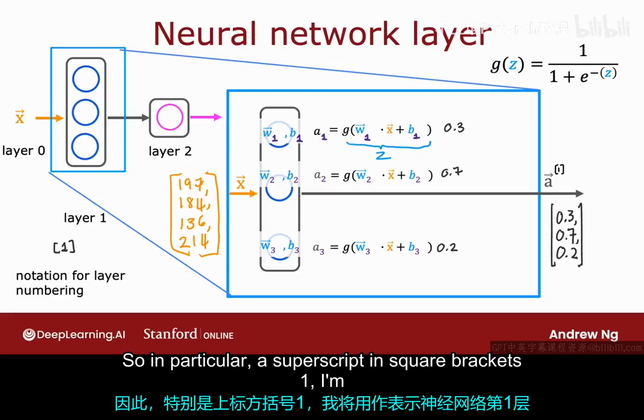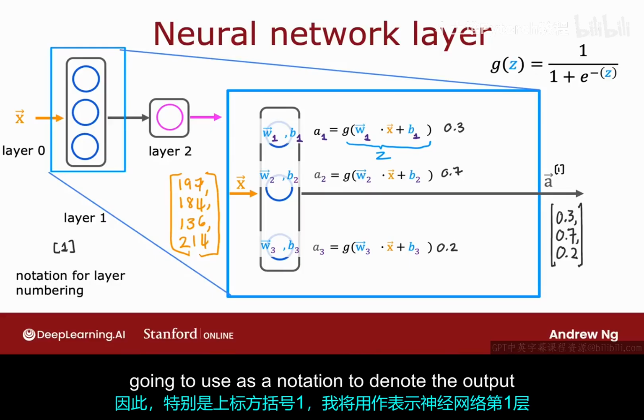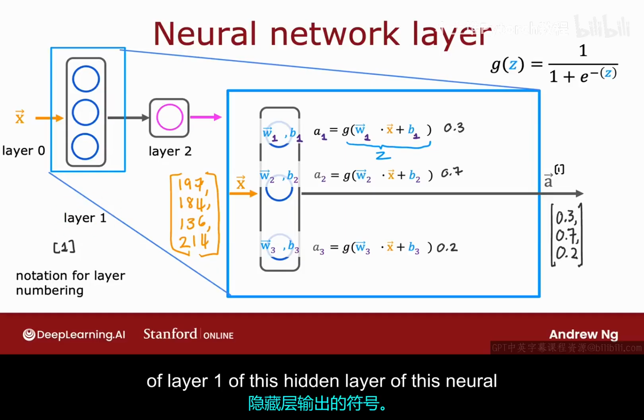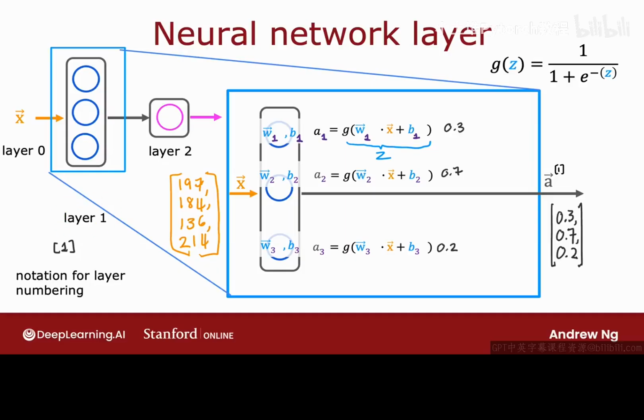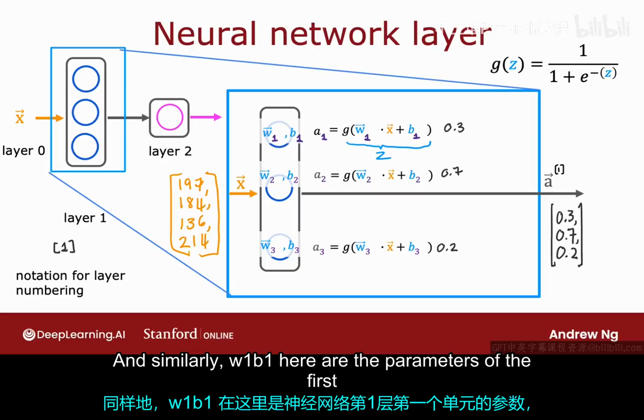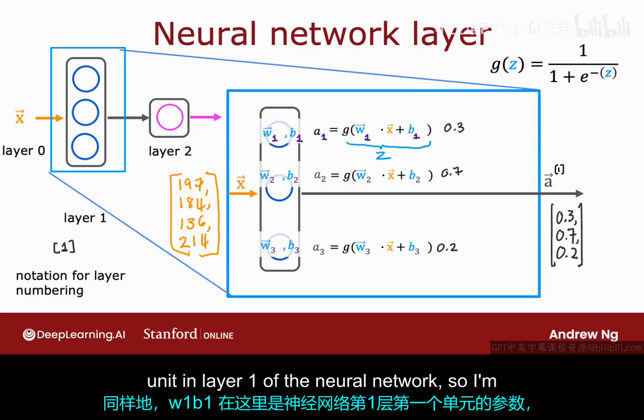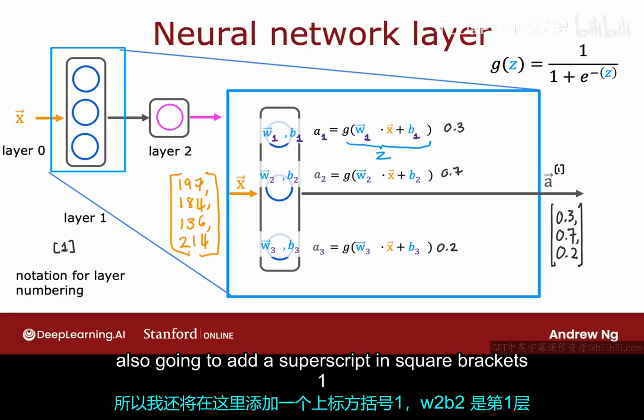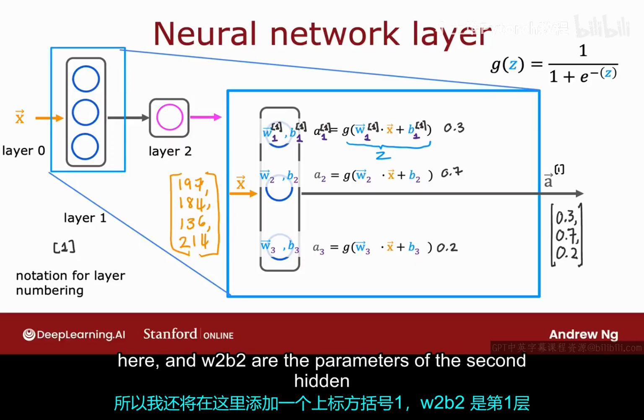So in particular, A superscript in square brackets 1, I'm going to use as a notation to denote the output of layer 1 of this hidden layer of this neural network. And similarly, W1, B1 here are the parameters of the first unit in layer 1 of the neural network. So I'm also going to add a superscript in square brackets 1 here.